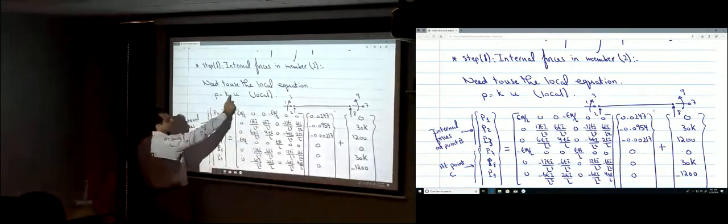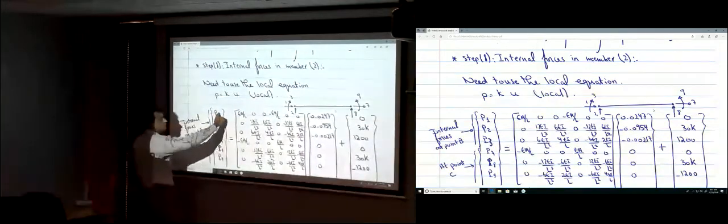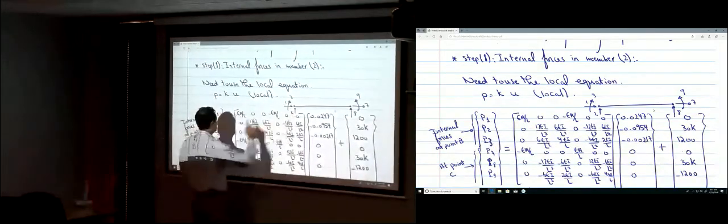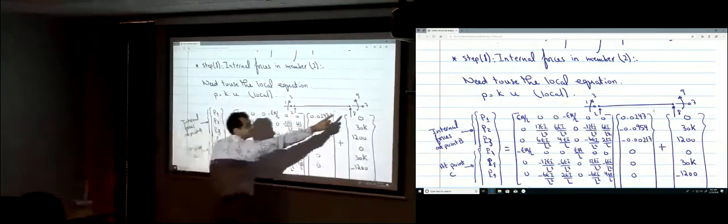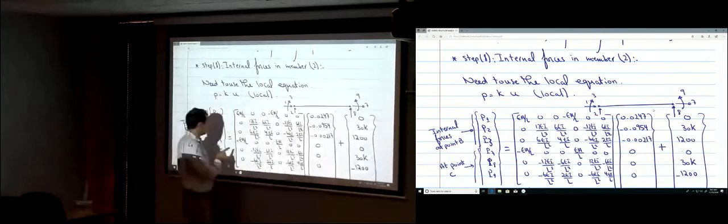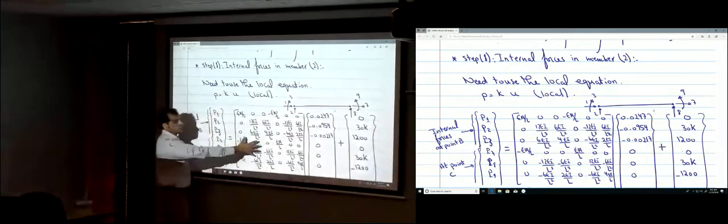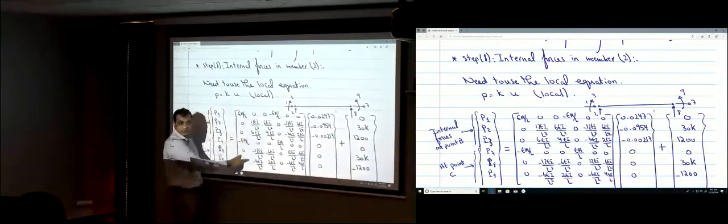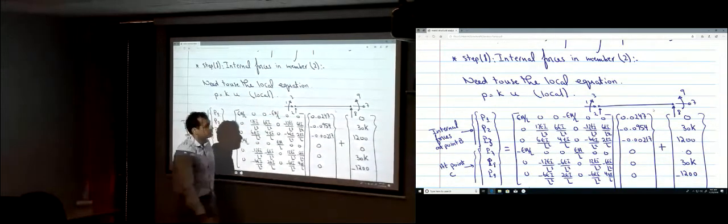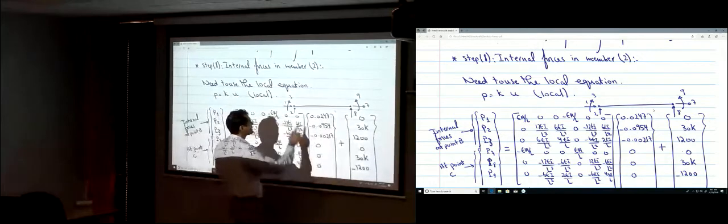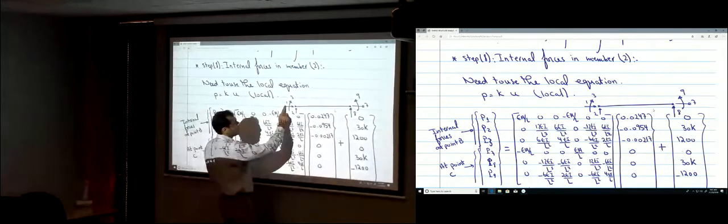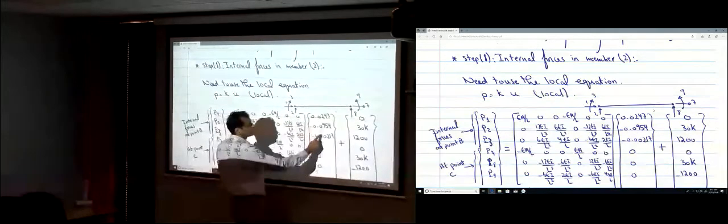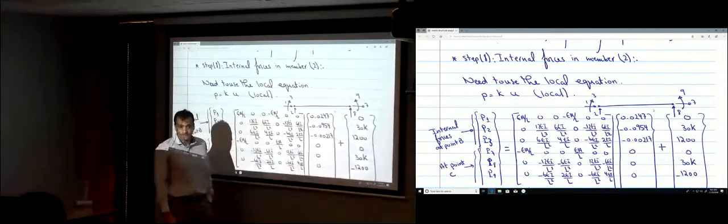Just write P equals KU in the local direction. P 1, 2, 3, 7, 8, 9 is equal to K in the local direction for the member, multiplied by U. What are U? It's 1, 2, 3. We just found those, right?